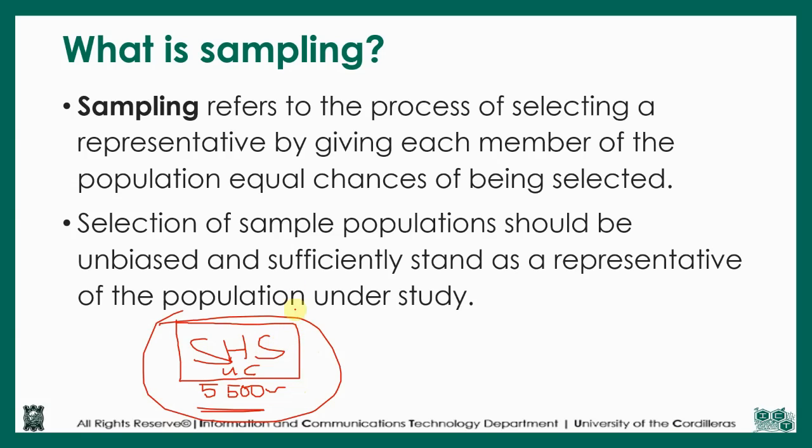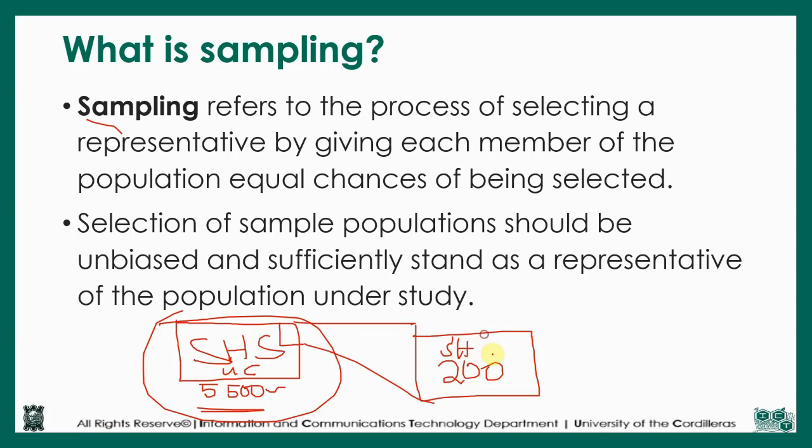So the idea here is that you will take a sample. You will take a small slice of this population, and then that now will be the basis for your study. For example, let's say 200 senior high students. So what this tells us now is that you will gather data from these 200 senior high students, and these 200 students will be used as a basis to help us generalize the result to the larger population.